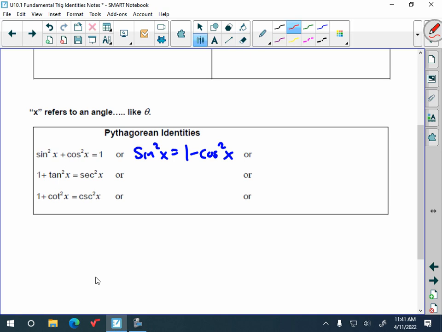So from this one, I created two other ones. Now I can do the exact same thing for these two by just subtracting something over. So go ahead and try to create the other four, 2 for each one.